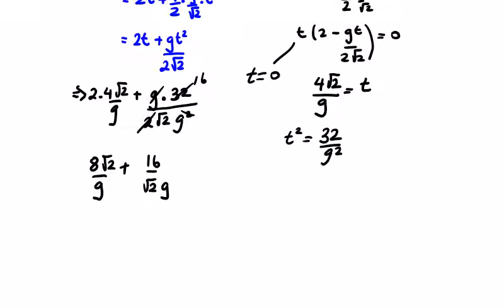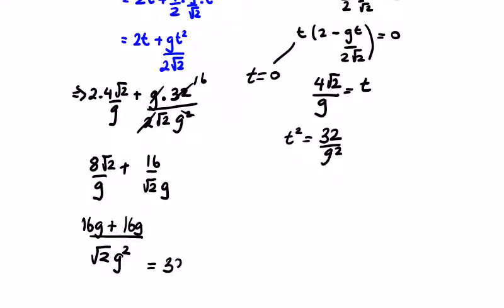And we tidy this up by cross multiplying. I'm putting √2g squared on the bottom. So we're going to get cross multiplying 8√2 by √2g, which is 8 by 2 by g, 16g. On the other side, it'll also give 16g.